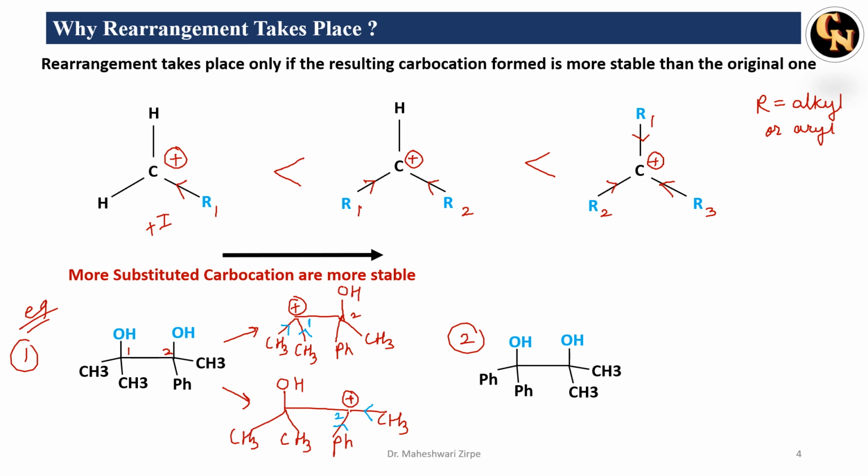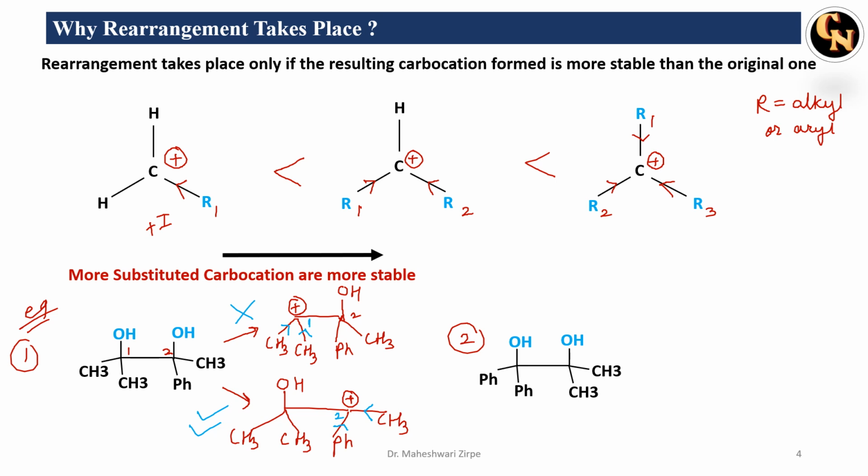Obviously a benzylic carbocation will be more stable than only the methyl carbocation. So the second path will be followed, not the first path, and then it will convert into pinacolone.